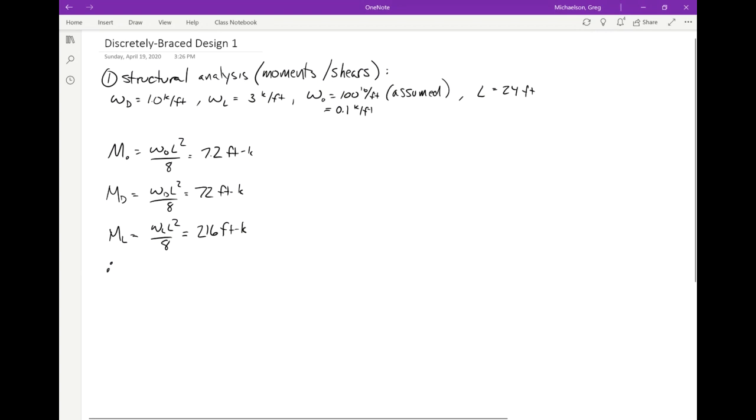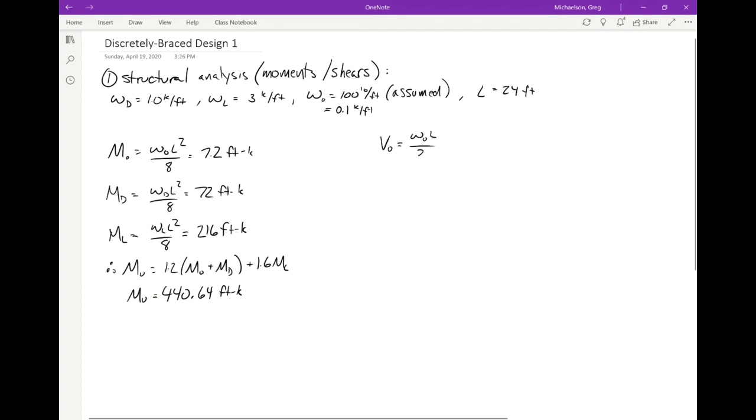And so MU is 1.2 M naught plus MD plus 1.6 ML. And so MU ends up being 440.64 foot kips. Again, I hope that's fine that I'm just sort of writing down the answers because I think by now we should be comfortable with that.